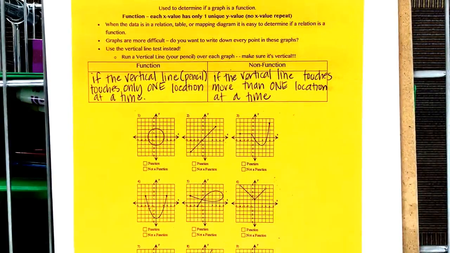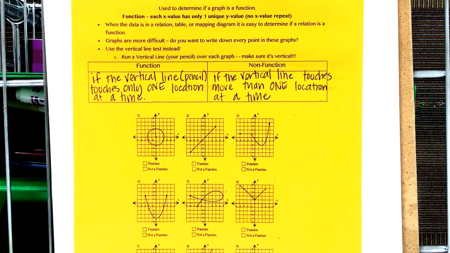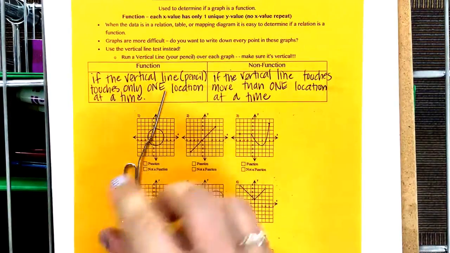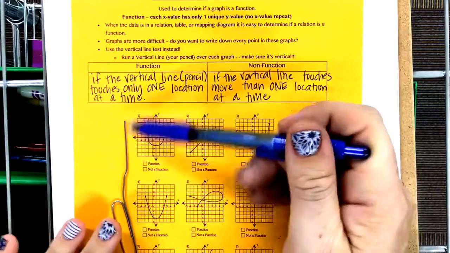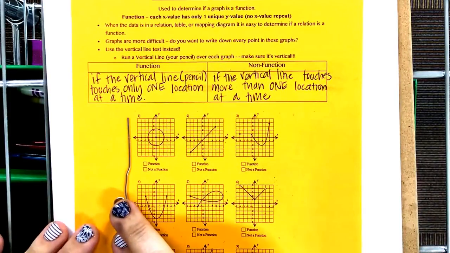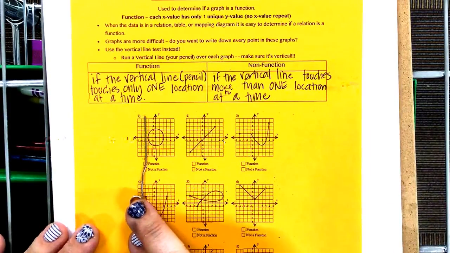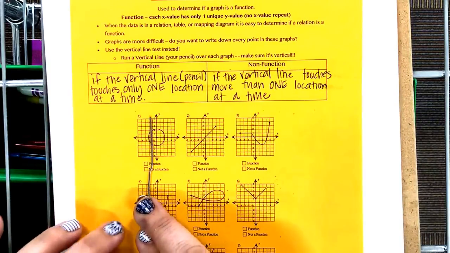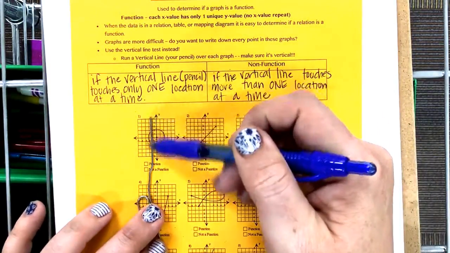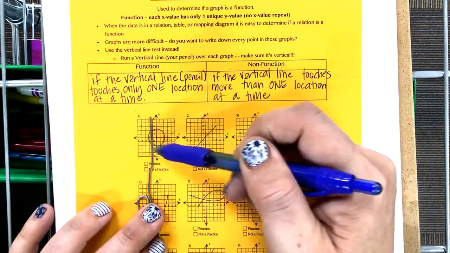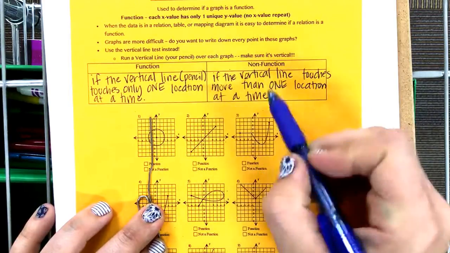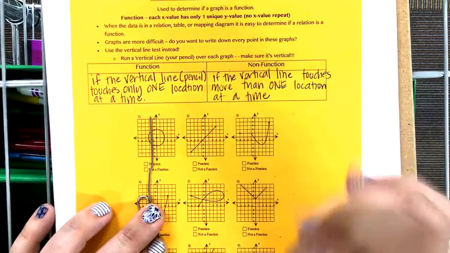All right, I'm going to grab a paper clip to show you a little more precisely what this looks like. So we're going to determine yes or no, are these functions? So here's my vertical line, right? And I'm going to drag it vertically across the graph. And I'm going to stop right there, because is my vertical line touching the graph in more than one location?